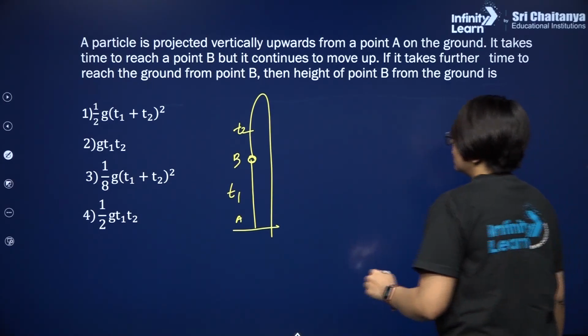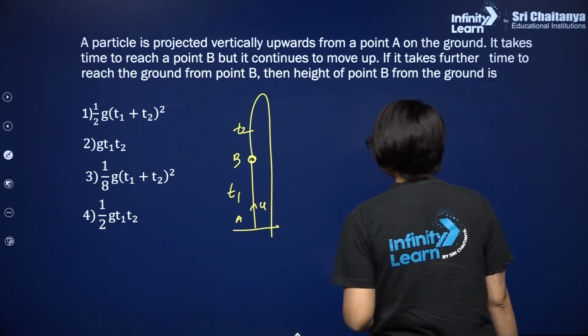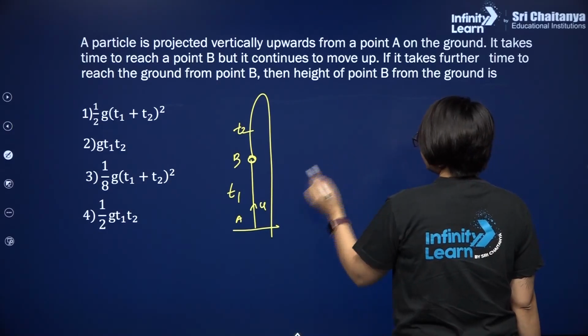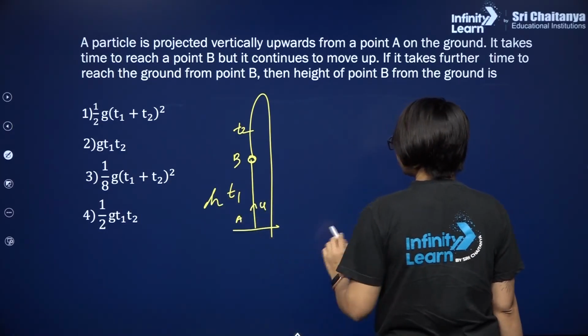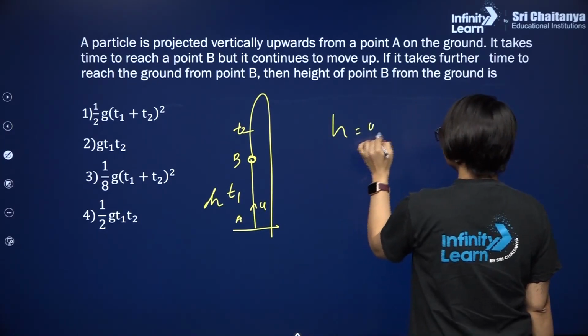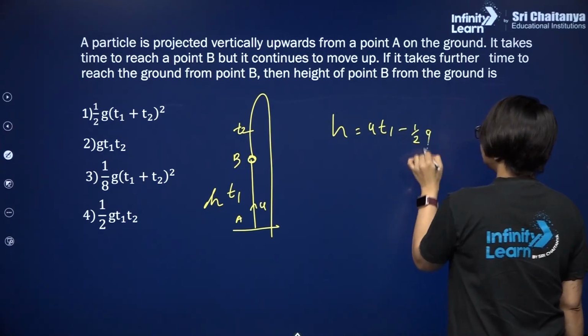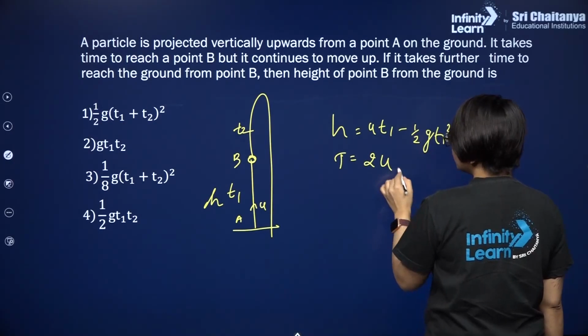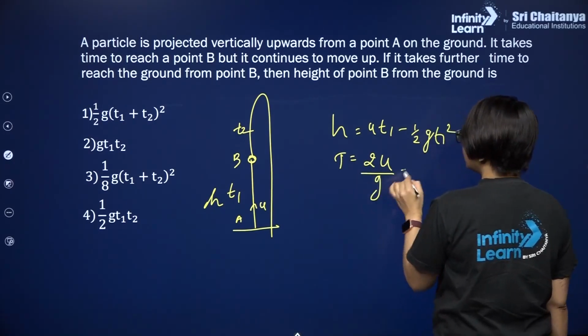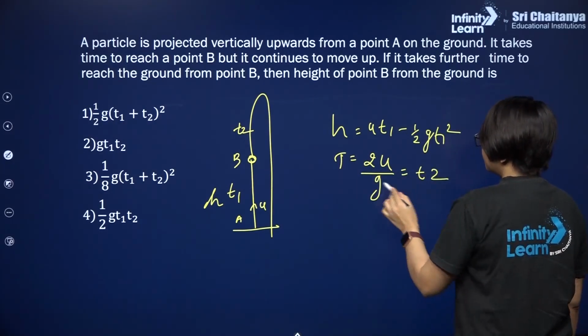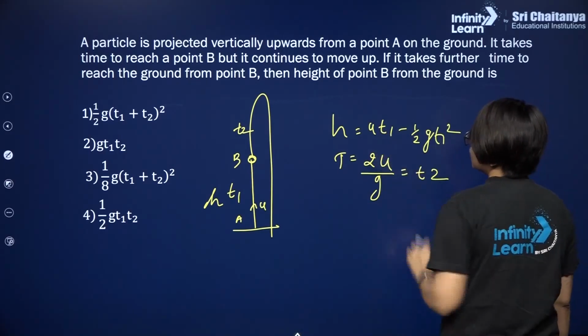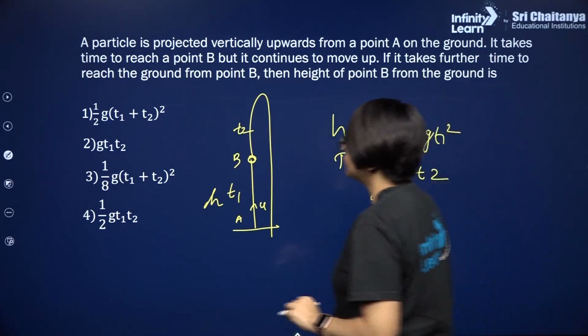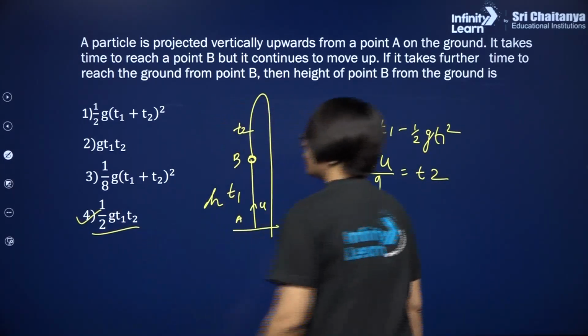Let's say its initial velocity is u, and the height of point B is h. So h is equal to ut1 minus half g t1 square, and the total time of flight is 2u upon g, that is t2. After putting the value of u in this expression, you will get the height as half g t1 t2, which is option 4.